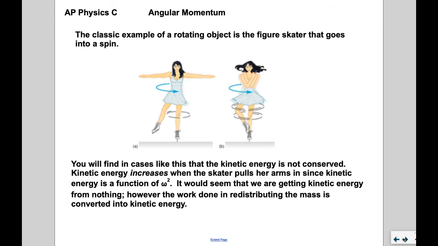It would seem like you're getting additional kinetic energy from nothing, however, the work done in redistributing the mass, pulling the mass in closer to the rotation axis, is converted into additional kinetic energy of the skater.